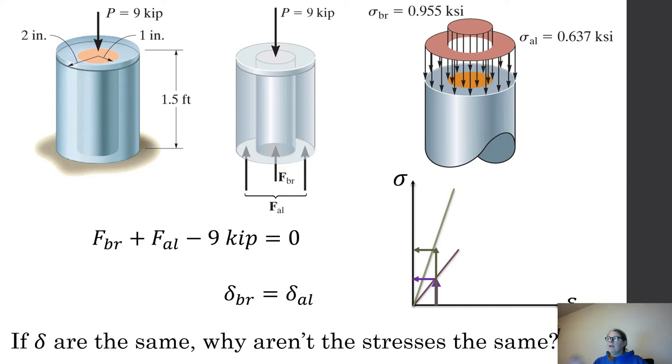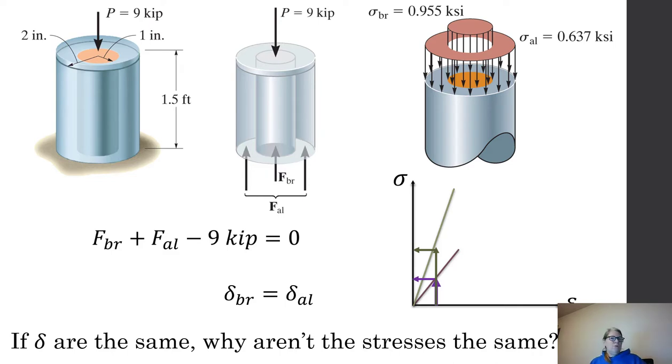Because of the composite behavior, because they are acting together in their deformation, I know their deformation is the same. That's the compatibility portion of it being a composite material: same strain, different stresses.